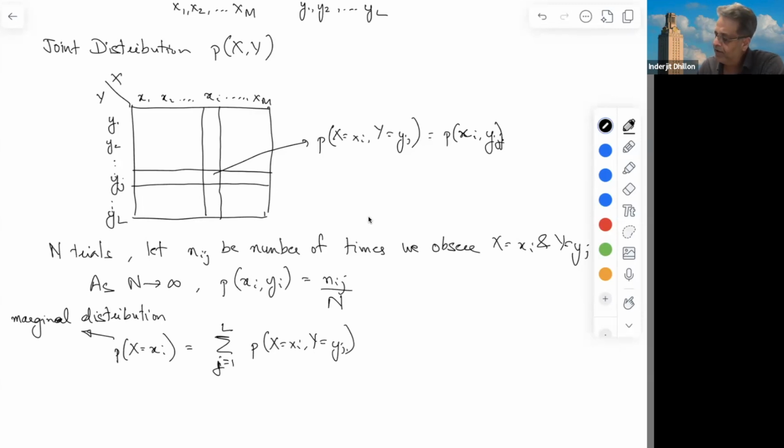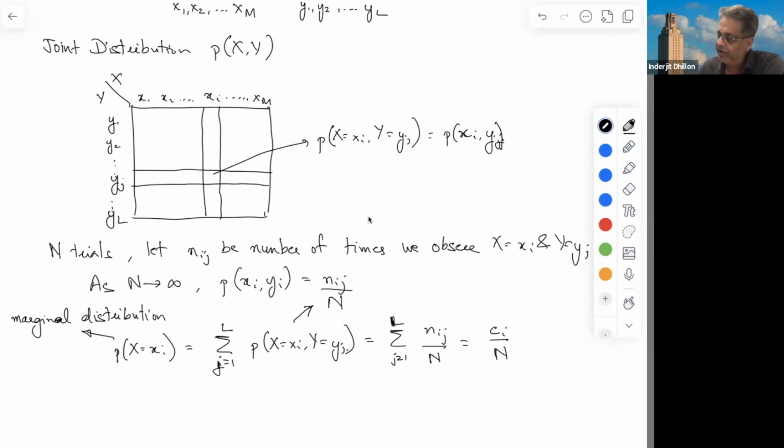Now if I look at the details of what it is, this is a summation of j equal to 1 through L. If I have n trials, each of these values is nij divided by n. Now n is a constant, so I can take it outside, and the summation of nij I can call ci.